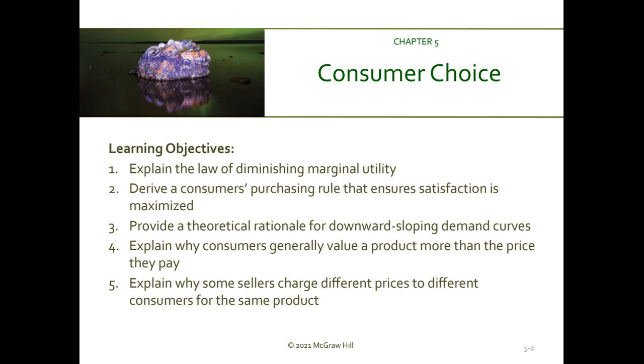Number 3, provide a theoretical rationale for downward sloping demand curves. If you remember in chapter number 2, I told you that demand curve is a downward sloping curve. The relationship between price and quantity demanded is inverse, that is negative. And this negative relationship is because of income effect and substitution effect, which we discussed in chapter number 2.